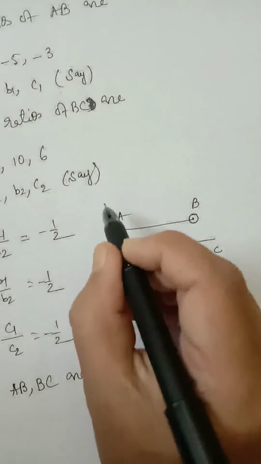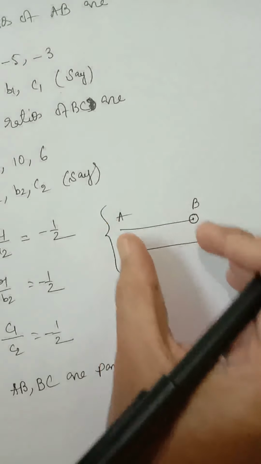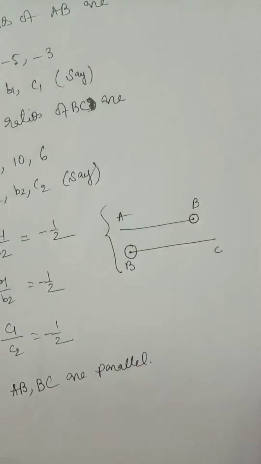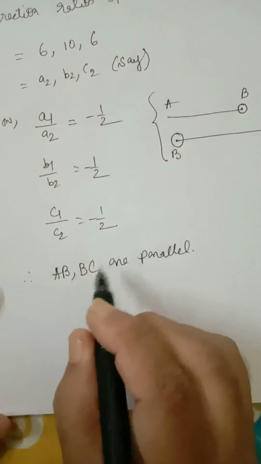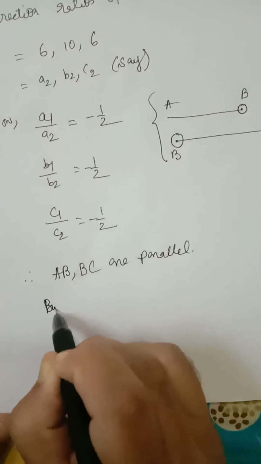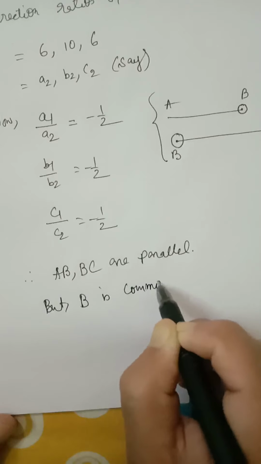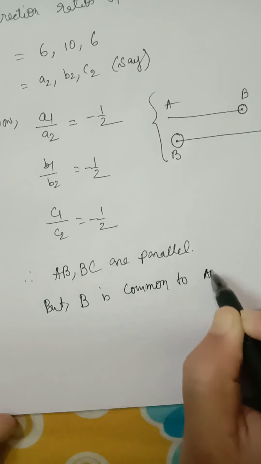So what is the other condition? They must be the same line, not parallel. AB and BC must be the same line. What we have to write? But B is common to AB, BC.